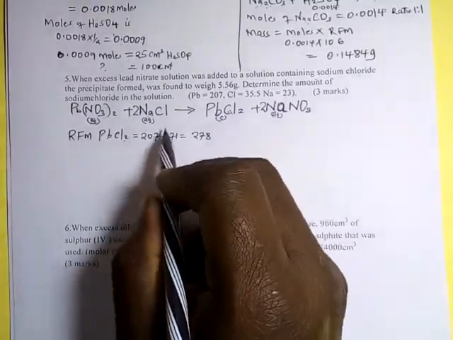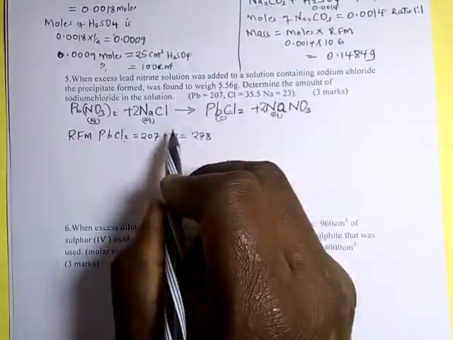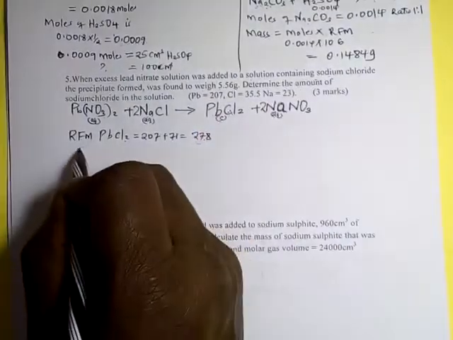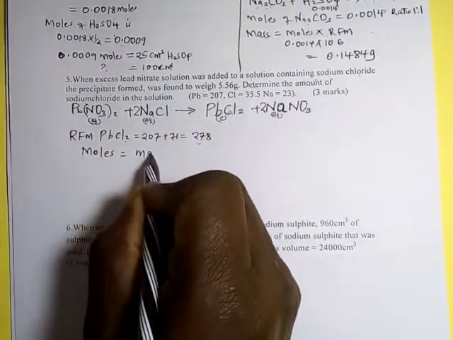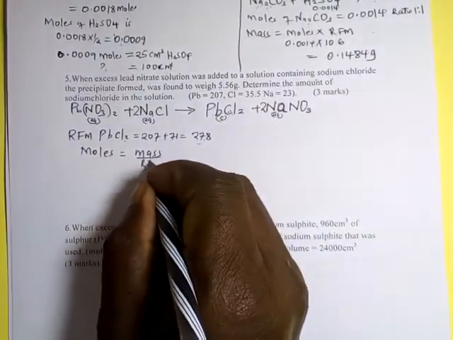Now, since we have the mass of the lead chloride that was formed, the precipitate, we can get the number of moles of the lead chloride. Moles equal to mass over Rfm.